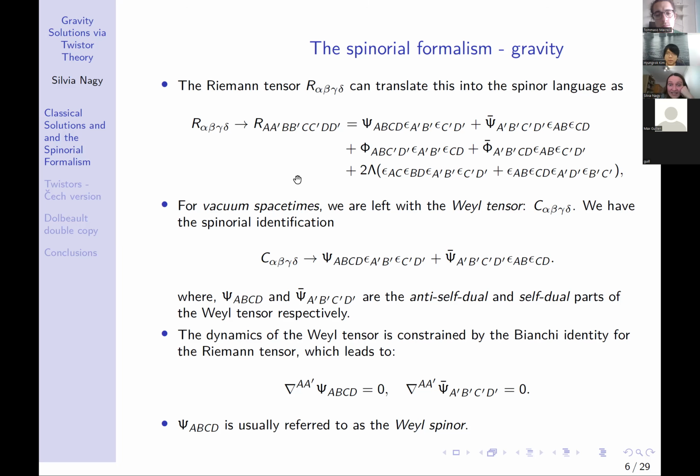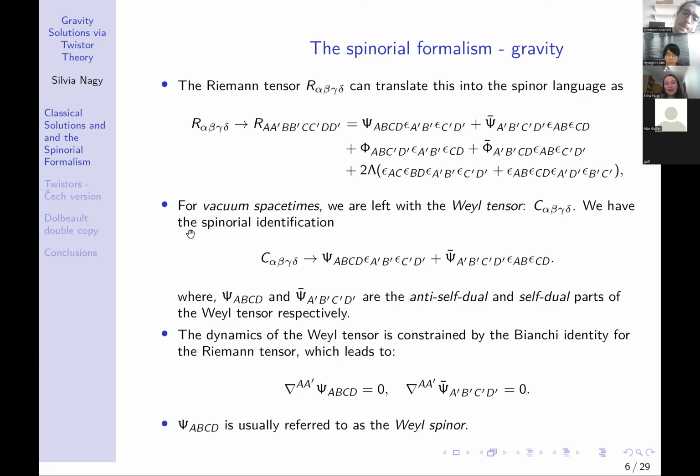Lambda here is related to the cosmological constant of our space, so again, one could in principle set this to 0, so let's work with a non-curved background. So then we are just left with basically the Weyl tensor and its decomposition into the psi's that appeared in the first row here. One observation is that these psi and psi bar are the anti-self-dual and the self-dual parts of the Weyl tensor.